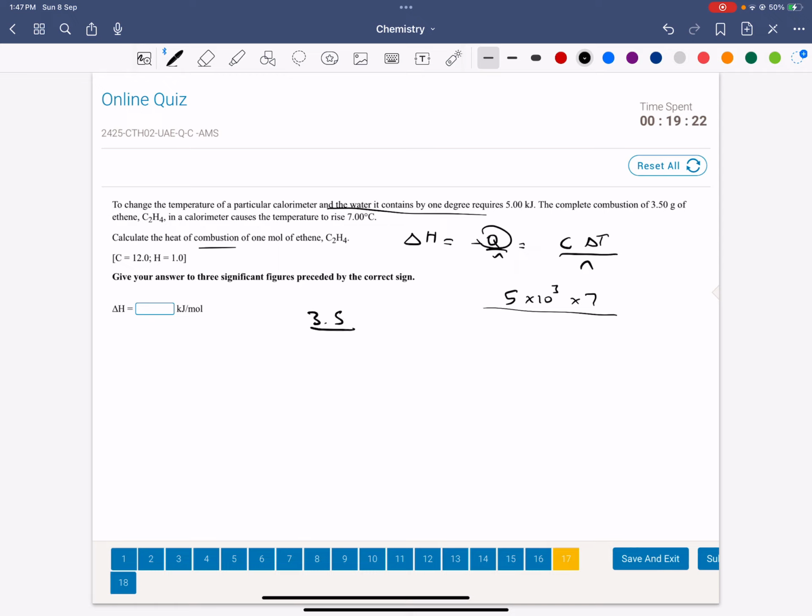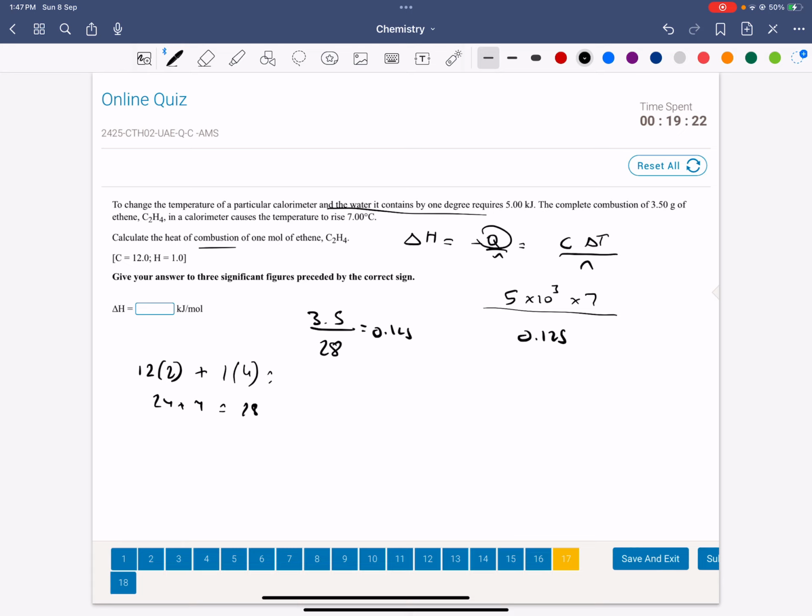How do I find the molar mass? So I have 12 times 2 because we have 2 carbons plus 1 times 4 because we have 4 hydrogen. So 24 plus 4 is going to be 28. 3.5 divided by 28 is going to be 0.125.